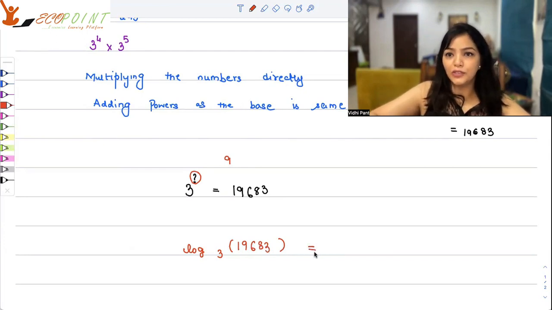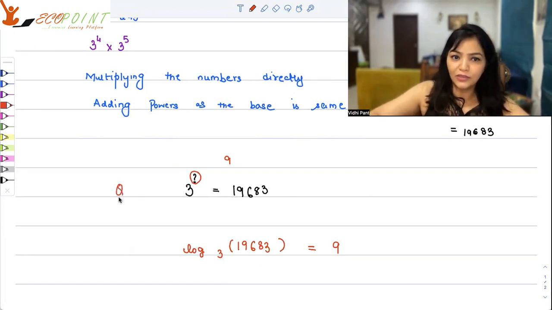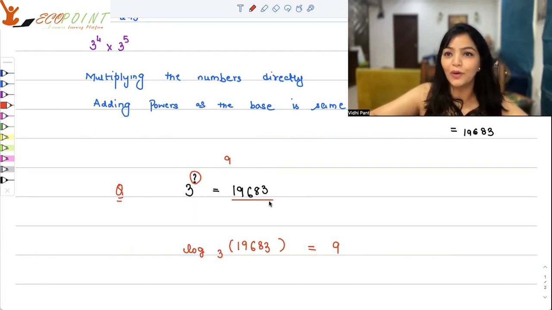The answer to this question, that what is log of base 3, 19,683? The answer to this will be 9. So what is logarithm? It's the answer to the question that I asked you here. What is the power of this base which is giving you this result? That's the answer logarithm gives you, and that's the concept of log.